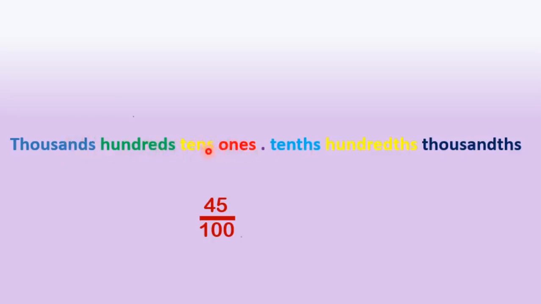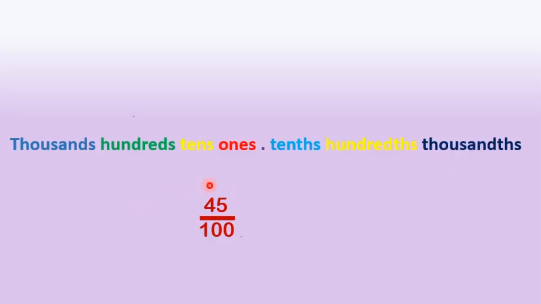We know ones is less than tens, tens is less than hundred, hundred is less than thousand. So we are increasing as we are moving towards the left, and as we are moving towards the right, we are decreasing. So tenths is actually greater than hundredths, and hundredths is greater than thousandths.